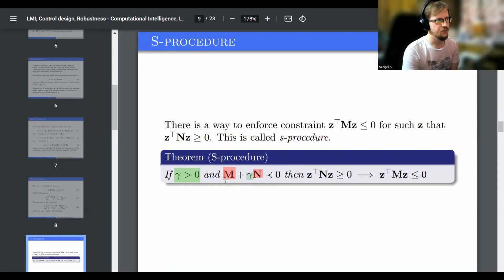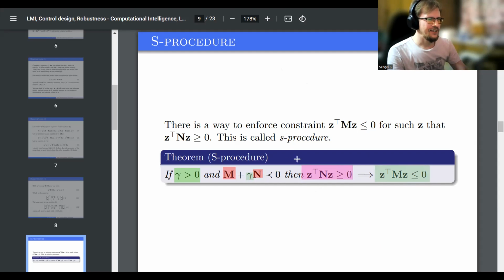This compound matrix m plus gamma n is negative definite. Then it would imply that this z quadratic form being positive definite is implying z times m times z is negative definite. I'm sure even what I just said was difficult to parse.